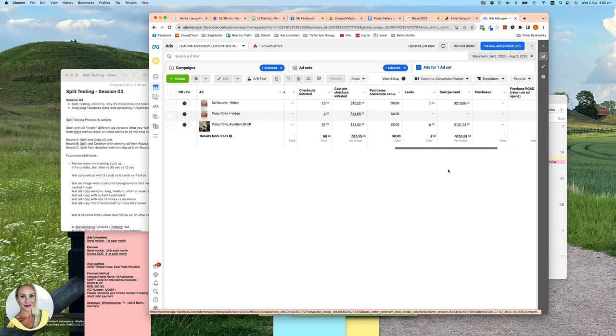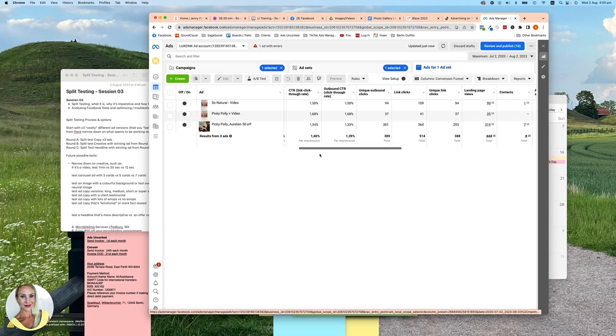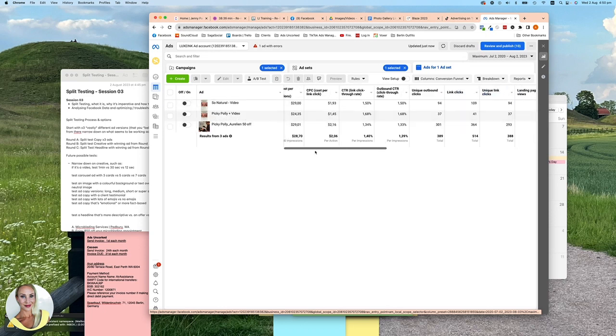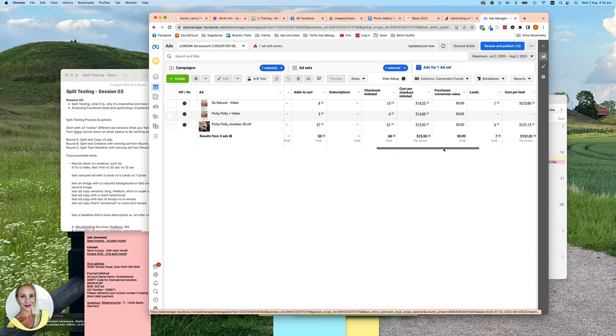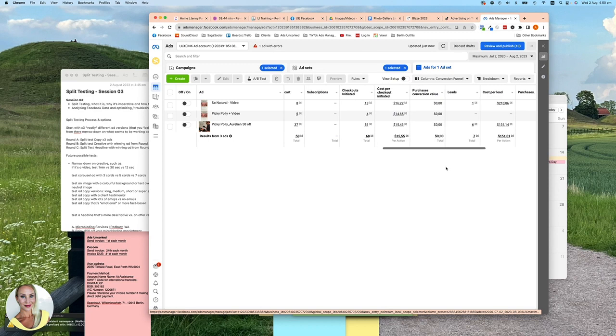They're not making any bookings. So you shouldn't look at one isolated metric. You should look at the whole funnel and gauge overall how the ad is doing and what is actually generating those bookings, which is the end goal and final result that we're after.